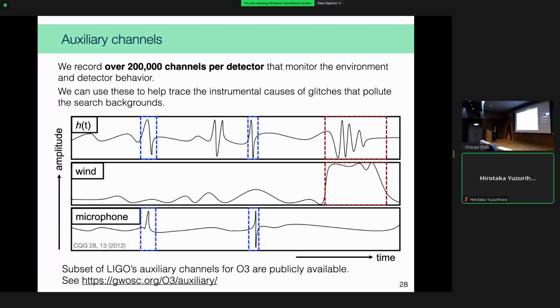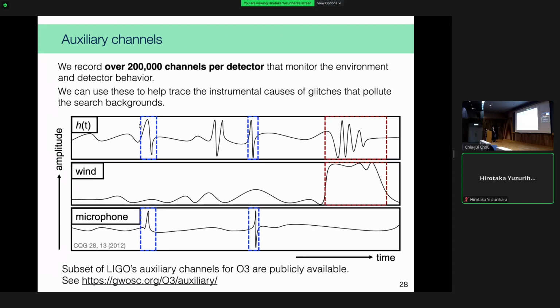You can see several transients called glitches in the strain data. On the other hand, at the same time, we can see some non-stationary behavior on other sensors. For example, in this blue one, we can see the coincidence between strain data and microphone.